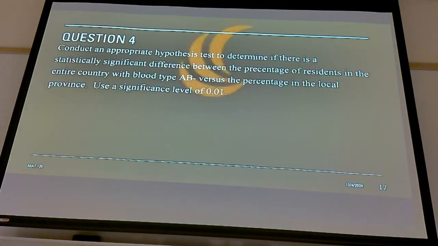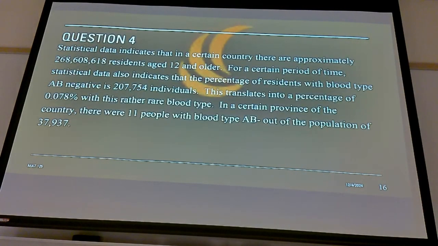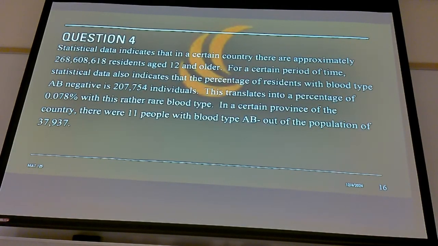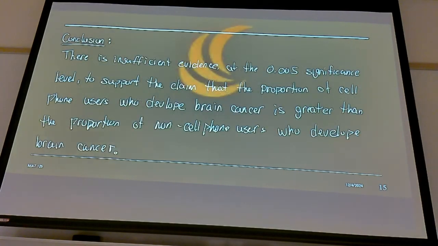Yeah, I'm gonna let you do this one on your own. Question 4. A lot of it is just preliminary information, really stuff you don't need. That's why it's so long.